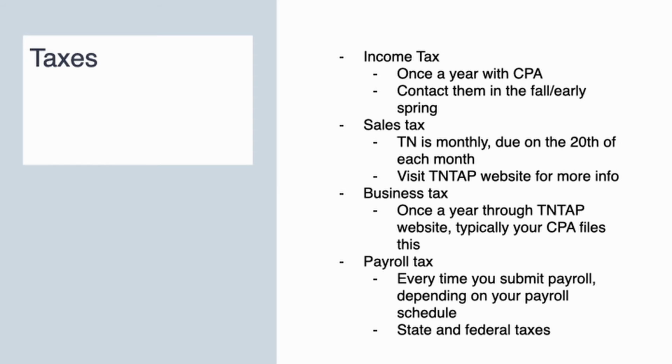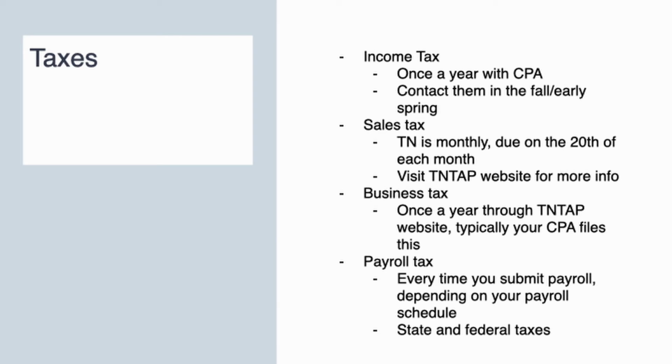Taxes. I'm just going to very briefly go over the four pretty major ones. Income tax, that is what you file, obviously, once a year with your CPA by April 15th. I always like to recommend that you contact them in the fall or the early spring, because the later you contact them, the higher their rates are going to be. Sales tax, if your business qualifies for sales tax, is actually due monthly, and it's different for every state.